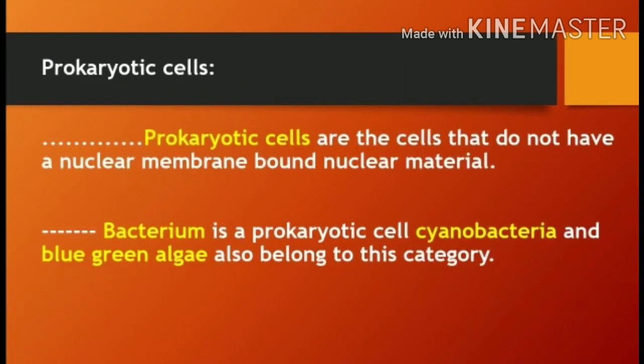The prokaryotic cells are nothing but the cells that do not have a clear nuclear membrane-bound nuclear material. We have mentioned earlier that bacteria are prokaryotic cells, and cyanobacteria, blue-green algae, are also examples of prokaryotic cells.